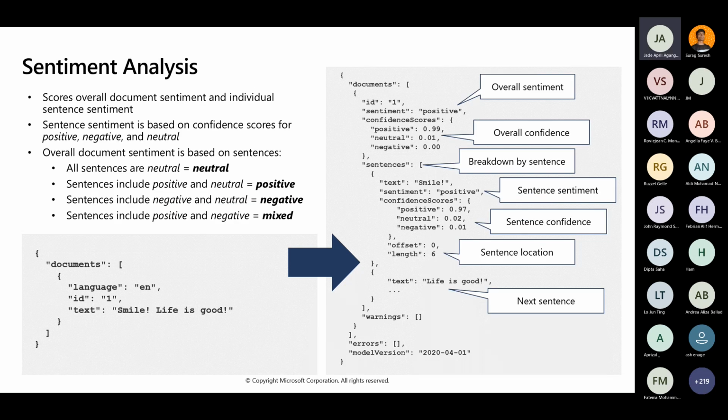We also have sentiment analysis. In sentiment analysis, what we do here is try to analyze if the sentences are neutral, positive, negative, or mixed. As I mentioned a while ago, Microsoft Word doesn't have this yet.